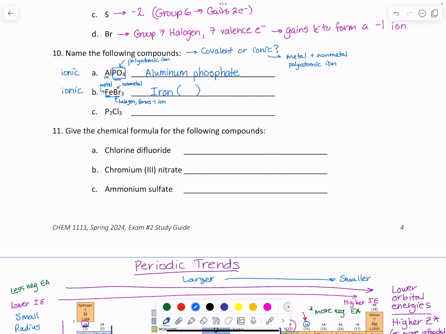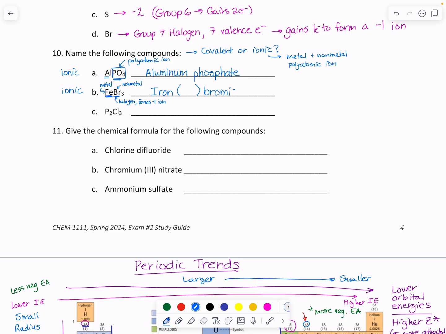And so because bromine forms that -1 ion, the total charge that the iron has to neutralize in this case is -3, because we have 3 bromide ions that have a -1 charge. Okay, so the last part of the name is going to indicate the bromide ion.